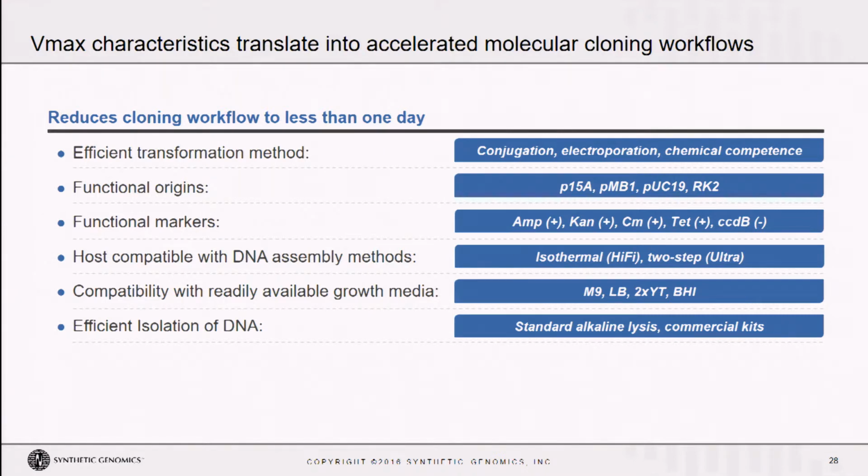In order to get to this point, we've had to develop a very comprehensive molecular biology tool set for Vmax. So we've established efficient methods for transformation and isolation of DNA. We've developed plasmids that have various origins of replication and selectable markers and even counter-selectable markers, both for cloning and protein expression applications.